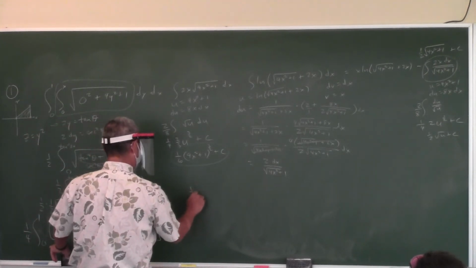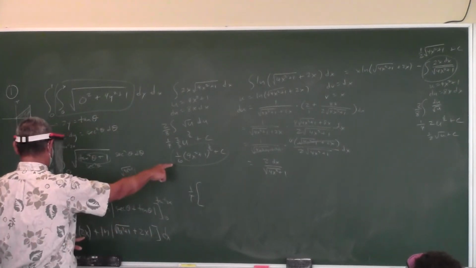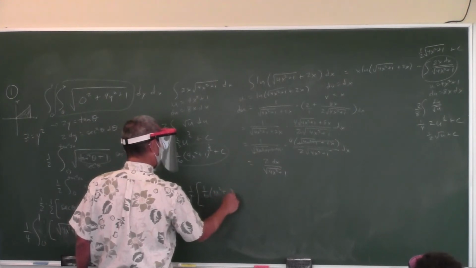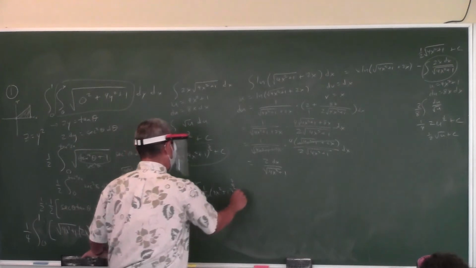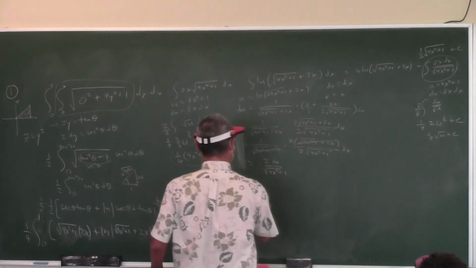Now we have to put it all together. So the antiderivative of this is that, right? So 1/6 (4x squared plus 1) to the 3/2, plus the integral of that is that, correct?